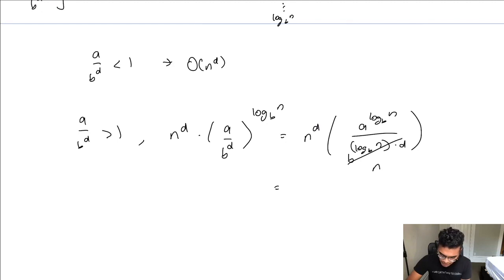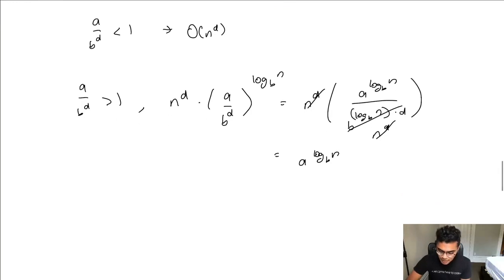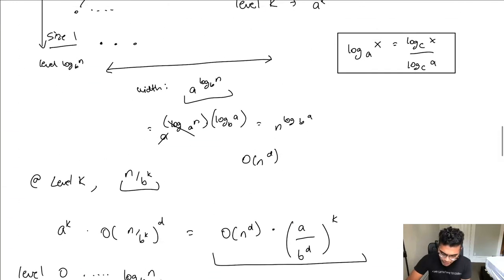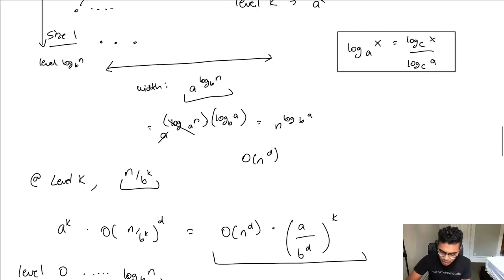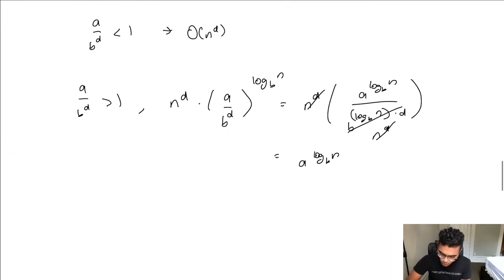The n to the d terms cancel, and you're left with a to the log b of n. And then, based on what we saw right over here, when we had a to the log b of n, this simplified to n to the log b of a. And so we can just state over here, this is equal to n to the log b of a, and that is our final answer.